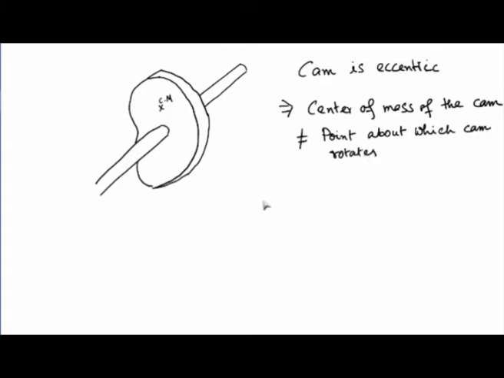So if I have to draw a front view of this situation, so this is the cam. The cam is rotating about this point, whereas the center of mass is here. Okay, so this is the center of mass and this is the cam, and this eccentricity also could be pretty high, of the order of millimeters, maybe centimeters also.